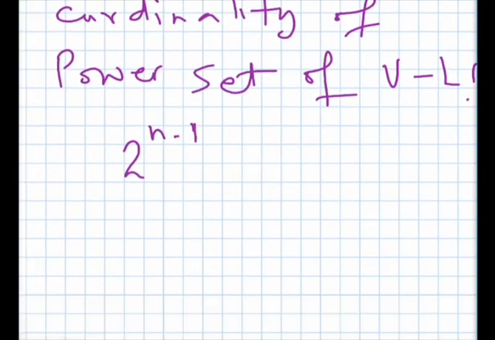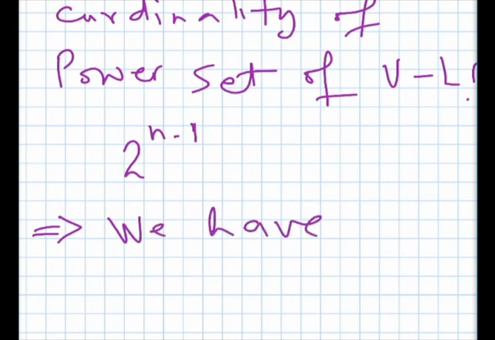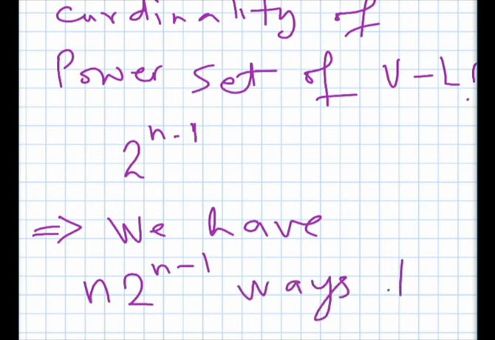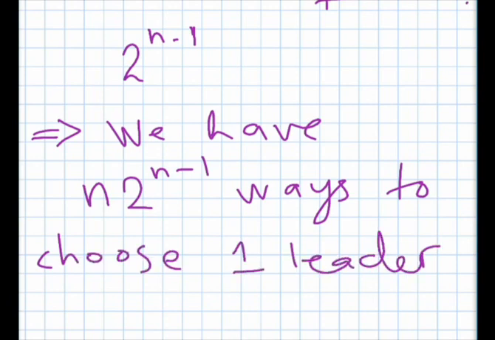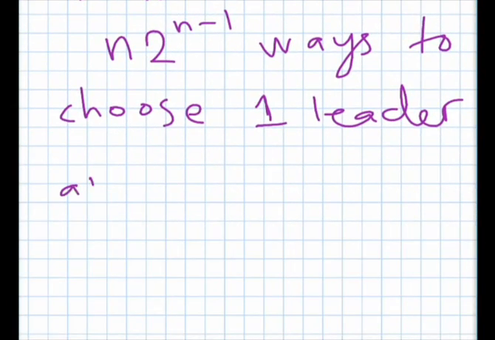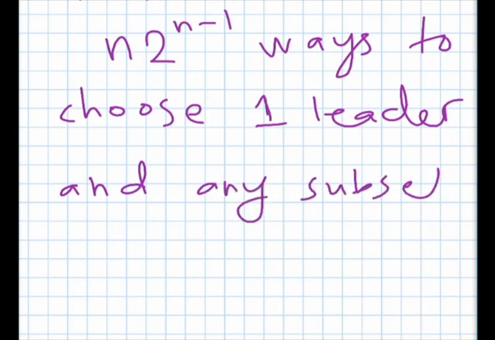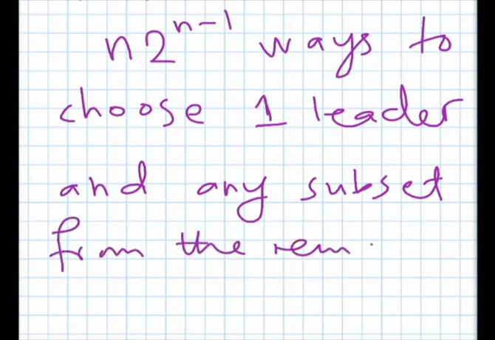So this means that we have n times 2 to the n minus 1 ways to choose one leader and any subset from the remainder elements.